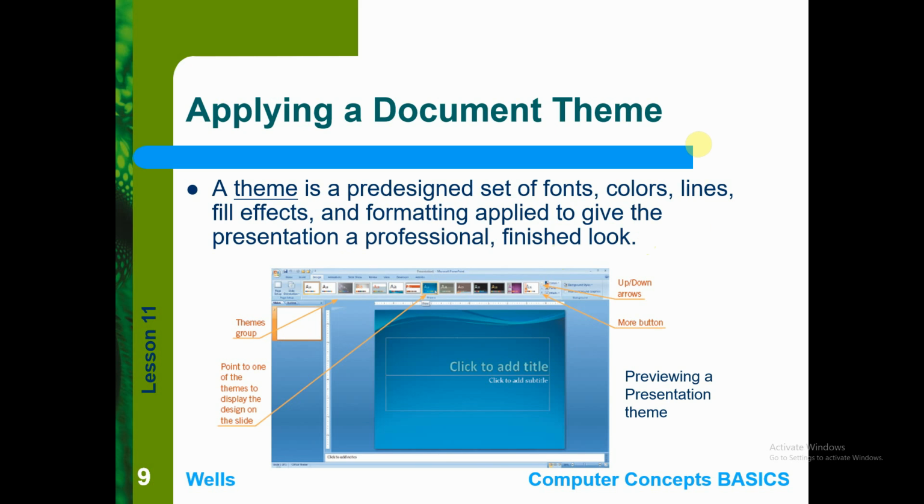You can see here in the diagram there is a theme group, and you can select one by pointing to it. Once you click one, it will automatically apply the selected theme to the slides in your current presentation, and you can check the up and down arrows for other designs in the next line of selections.